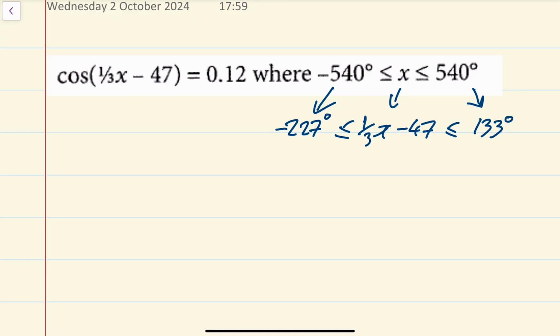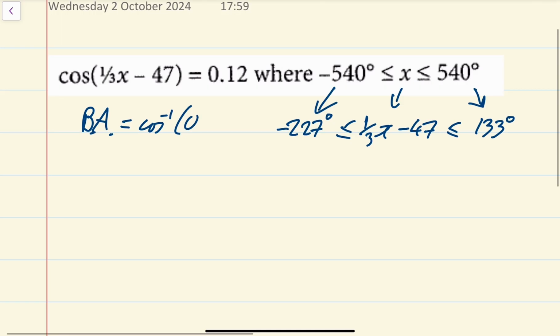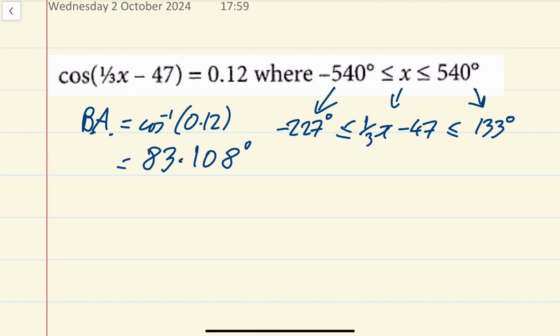So if we do our basic angle then, how you get your basic angle is you do cos to the minus 1, inverse of cos of 0.12. So if I just do that, inverse cos of 0.12, what I got was 83.108 degrees. And then you do your CAST diagram.